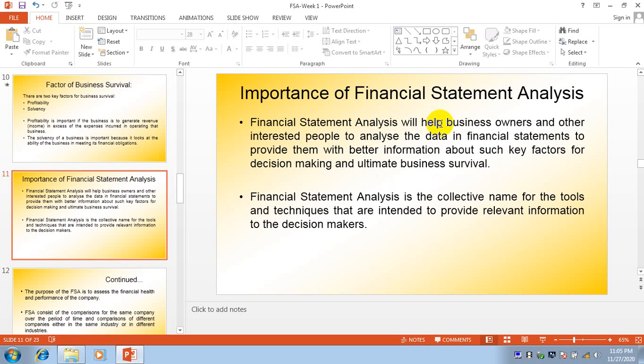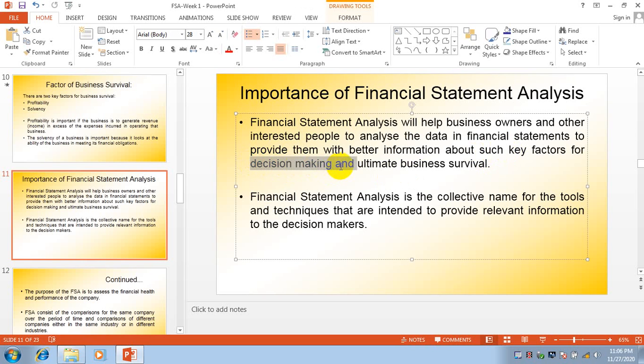Financial statement analysis will help business owners and other interested people, internal and external parties, just like we discussed previously, to analyze the data in financial statements, to provide them with better information about such key factors for decision making and ultimate business survival. So when they analyze these financial statements, on the base of that information, they will take decisions about the future for the survival of the business.